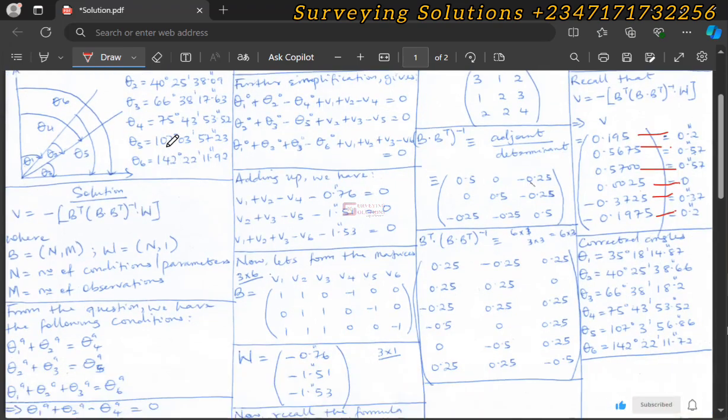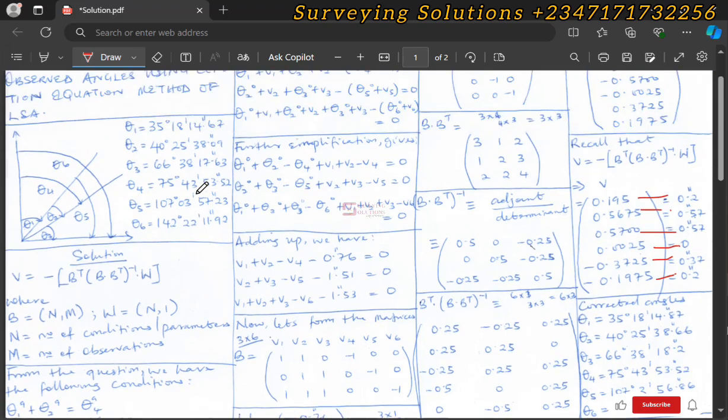So on your calculator you can follow me through. For observed angle 1, we have 35 degrees, 18 minutes, and 14.67 seconds. So what do we do? Plus 0 degrees, 0 minute, 0.2 seconds, right?